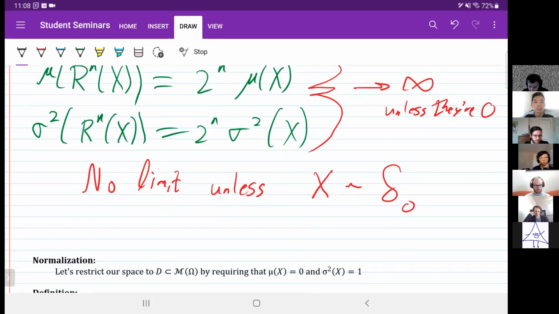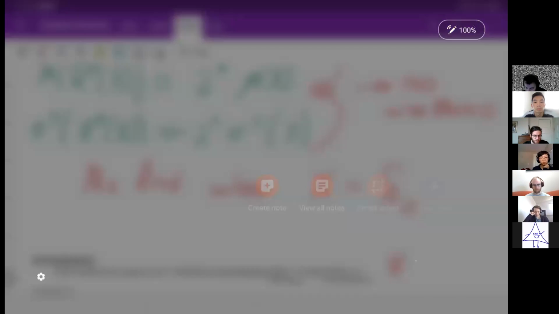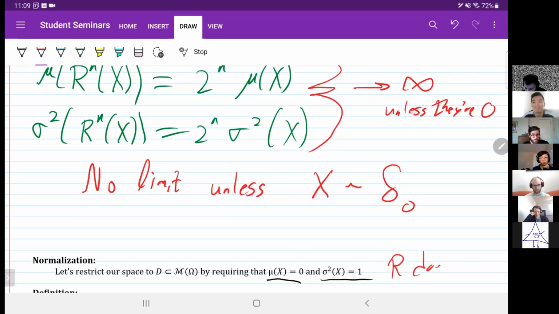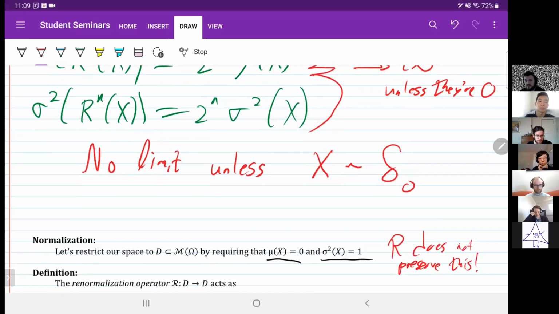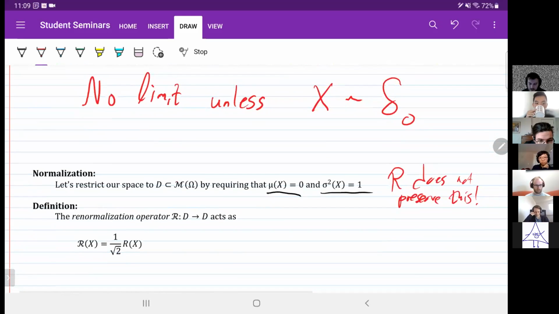And our normalization here will require that the mean is 0 and that the variance is 1. And the important thing to note is that R does not preserve this. I mean, it preserves the mean condition, but it doesn't preserve the variance condition. If I rescale something here, the variance will be 2. And so it's no longer in this class. But what I can do is very simply just multiply by something to fix that.